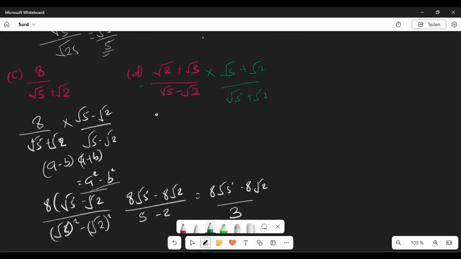So easy. Denominators are going to be simple to handle. It's the same as the previous one, but for the numerators, we have to follow the long method. You remember I said that a plus b multiplied by a minus b will give you a squared minus b squared. Okay.